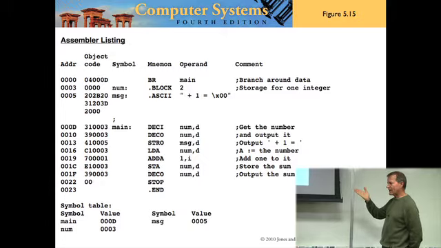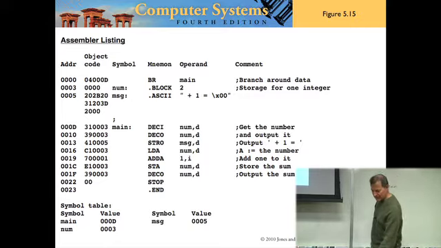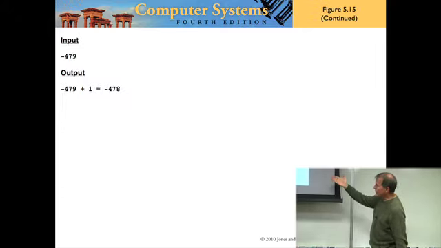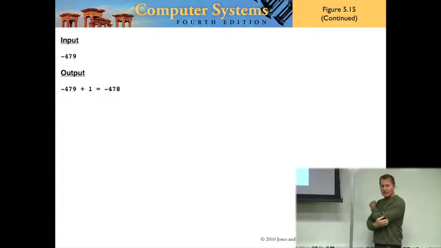It's just a shorthand to help us not have to count bytes to know where things are going to be in the program. Is everybody clear? And so this program here, the next slide, shows the exact same object code, so the exact same thing happens. So I don't think I'll bother to demo that right now. We'll demo another one in a minute. Okay? Is everybody clear on that?